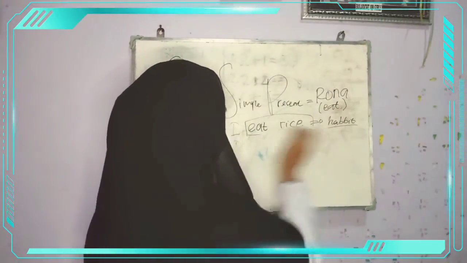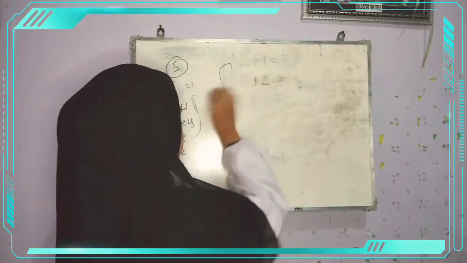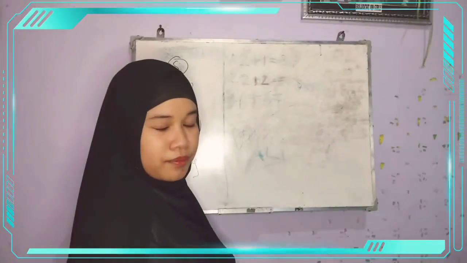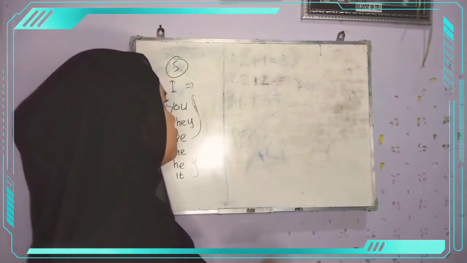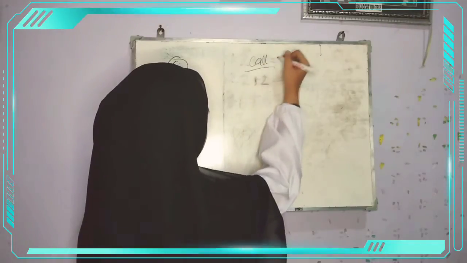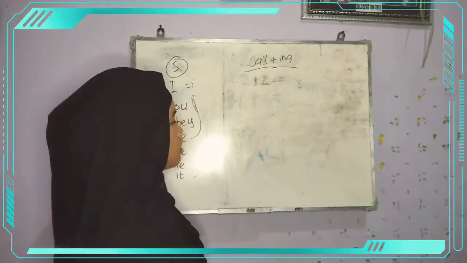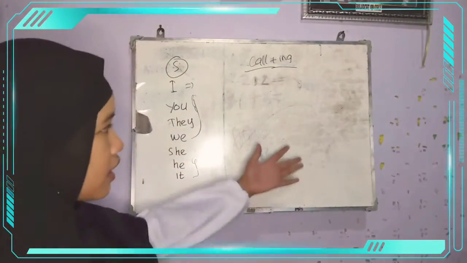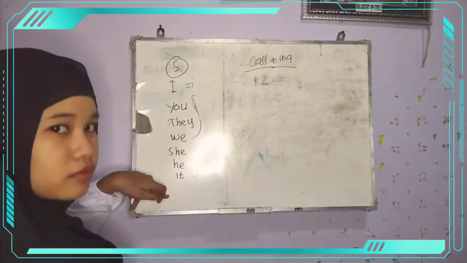How about Mira? What is your example, Mira? What is your verb? Call. Right, your verb is call. So what is your subject? Don't use I because Rona used I. What is your subject?